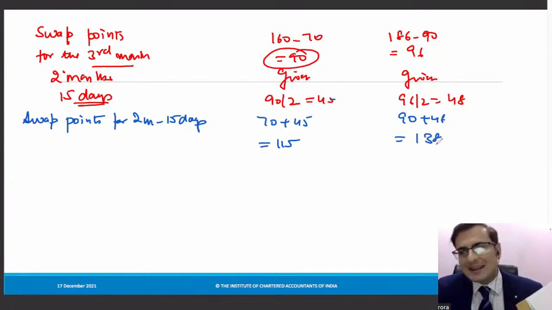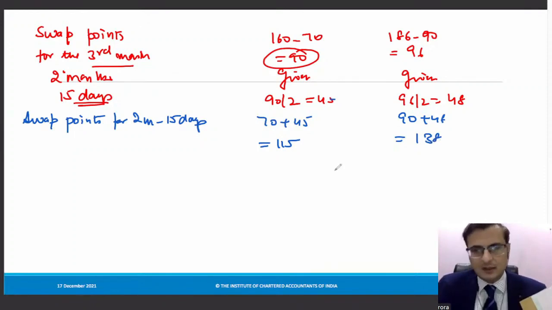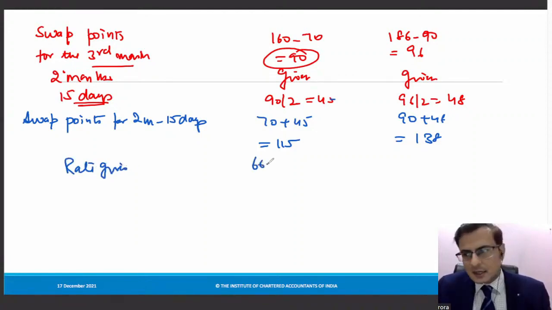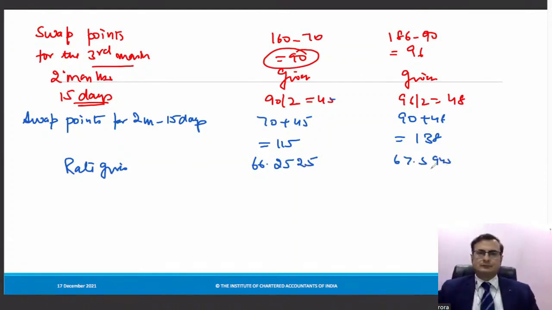So we have to add these points assuming 0.0001. Okay, so what was the rate given? 66.2525. And another one is 67.5945. Clear? Can we add this?